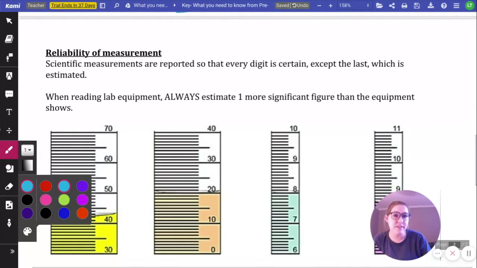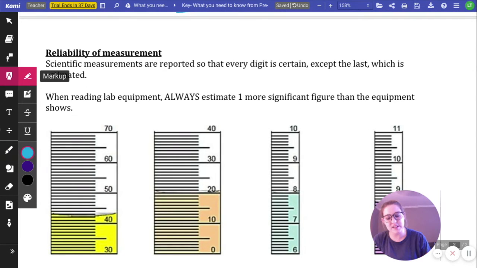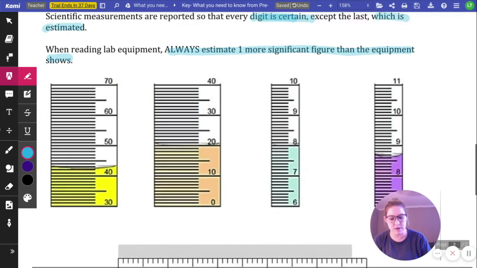Next, I'm going to quickly remind you guys about how to read scientific equipment. We always report our scientific equipment so that every digit is certain, like marked on our labware, except the last, which is estimated. So you're always going to estimate one more significant figure than the equipment shows.